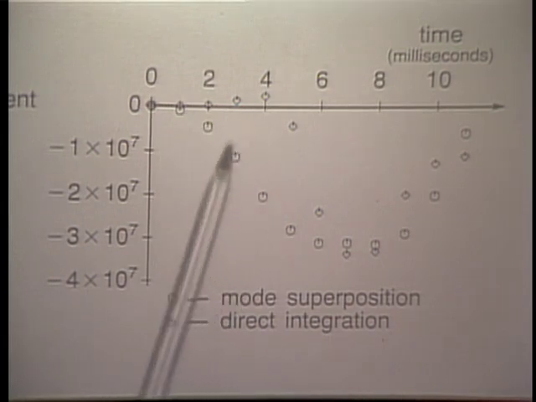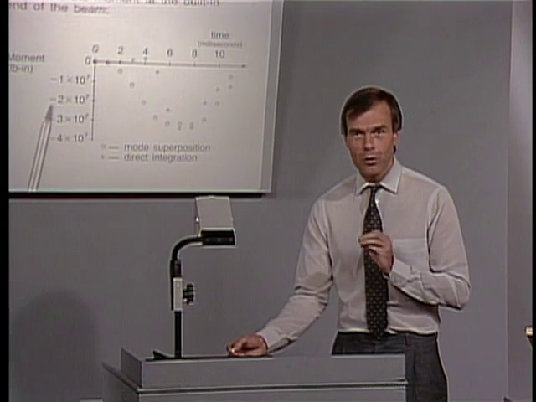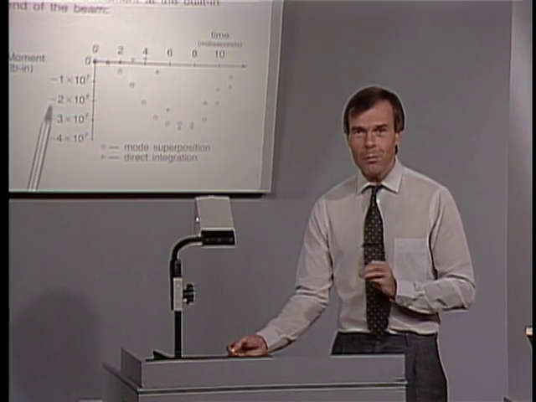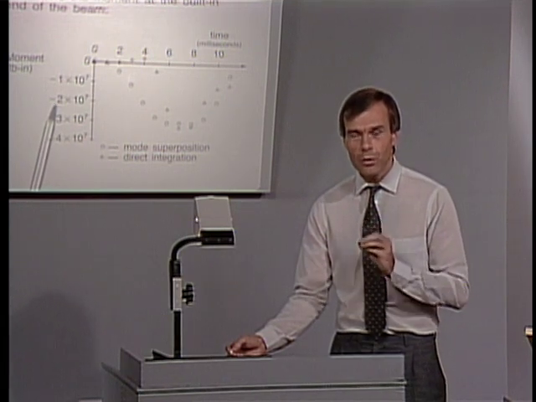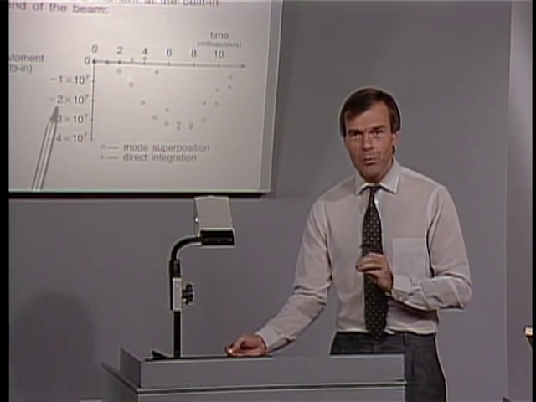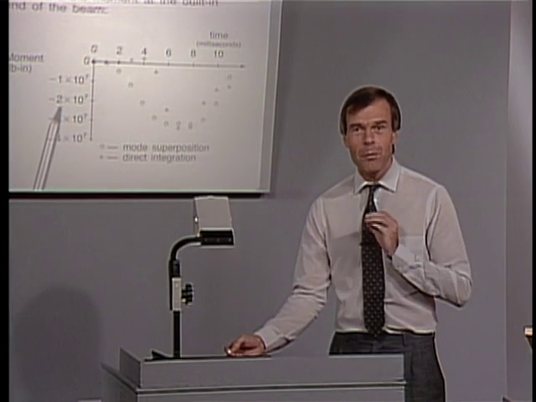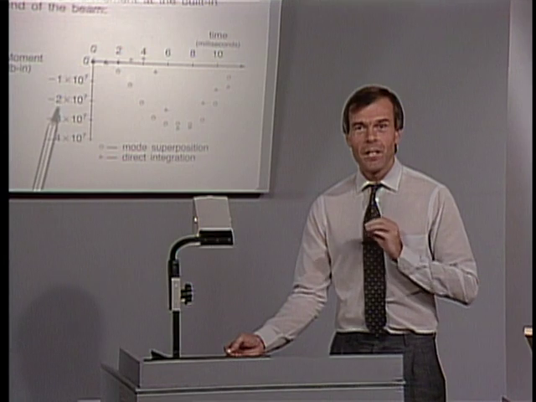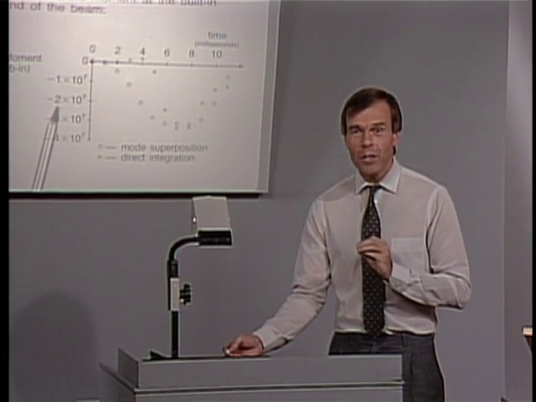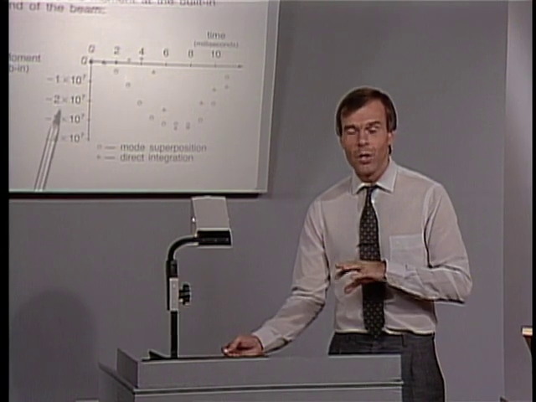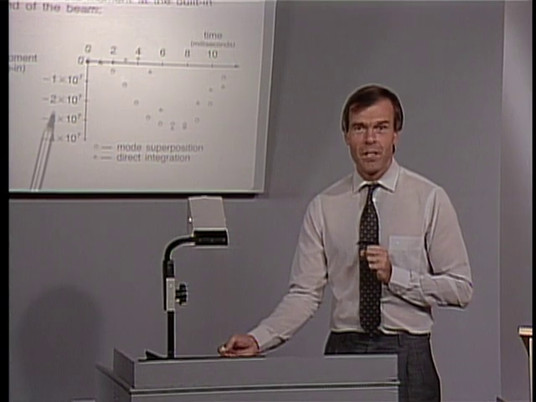In fact, if the number of modes used in the mode superposition solution is equal to the number of degrees of freedom in the finite element mesh, then the mode superposition solution gives you the same response as you calculate with the direct integration solution. I mentioned that earlier in the lecture already, and the reason, of course, is that in that case, all you would have done is a change of basis from the finite element displacements to the mode shape bases.